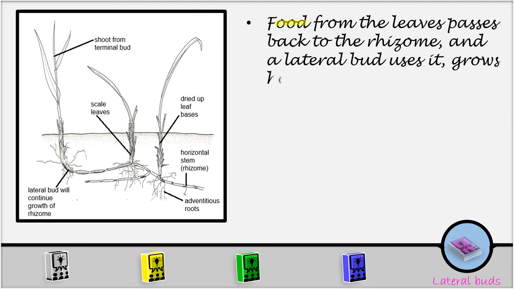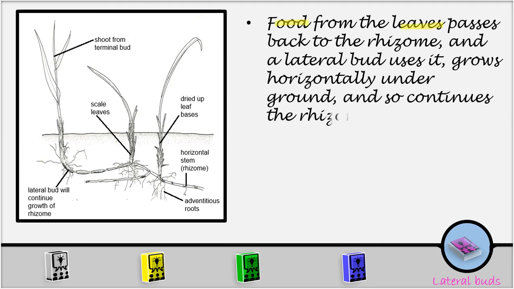Food from the leaves passes back to the rhizome, and the lateral buds use it to grow horizontally under the ground, and so continues the rhizome.